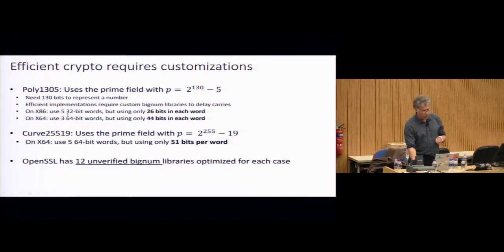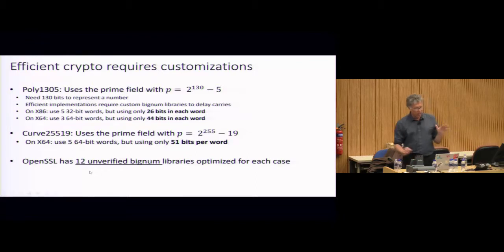On x86, you're using 5 32-bit words to represent the prime, but only 26 bits in each word. On 64 bits, it's different. And with this other cryptography primitive, it's a different prime, and you're using 5 64-bit words.